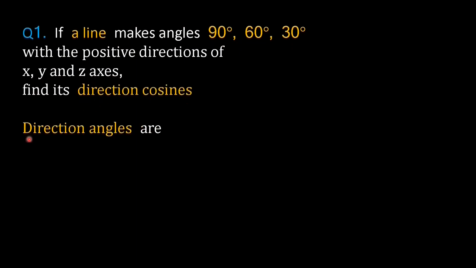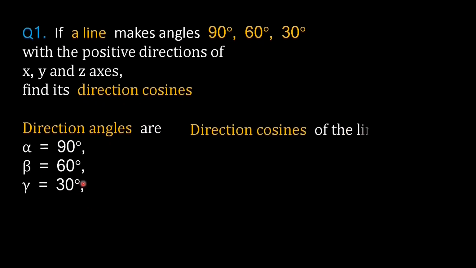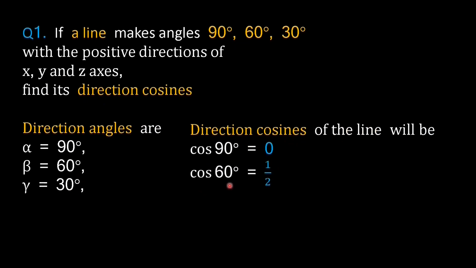The direction angles given are alpha equals 90 degrees, beta equals 60 degrees and gamma equals 30 degrees. So the direction cosines of the line will be cos 90 degrees, that is 0, cos 60 degrees, that is half, and cos 30 degrees, that will be root 3 by 2.